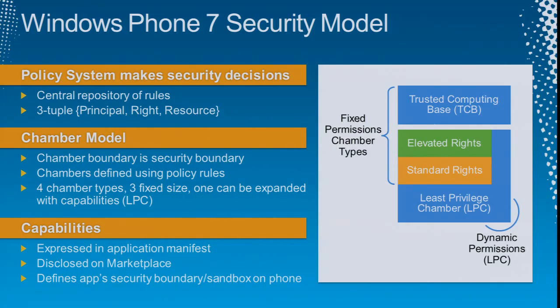There's a central repository of rules that keeps these things in check, and it's expressed mainly in the manifest that I talked about before. When the manifest is enforced at runtime, that's when the rules are set for each app. And this defines the security boundary and what happens in that sandbox on the phone.